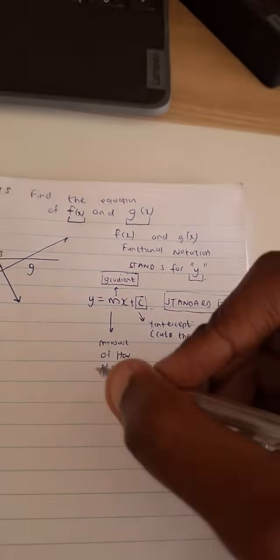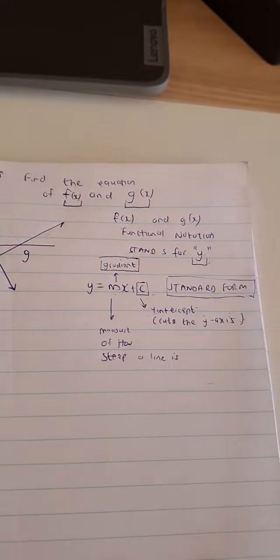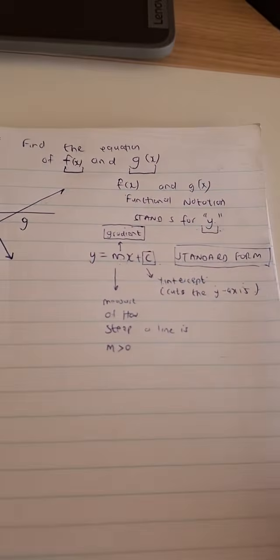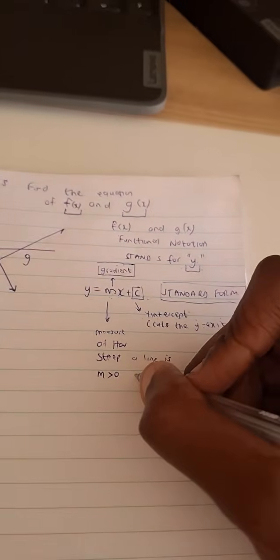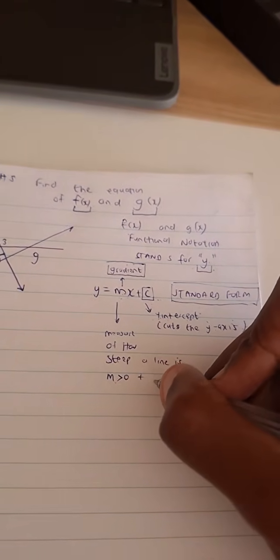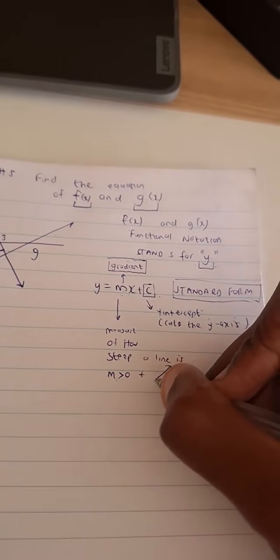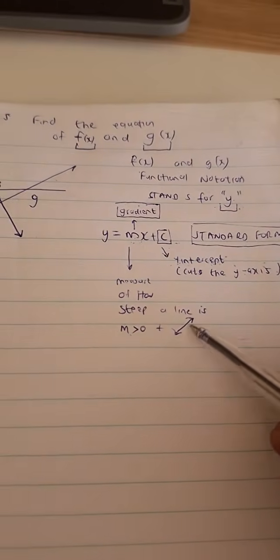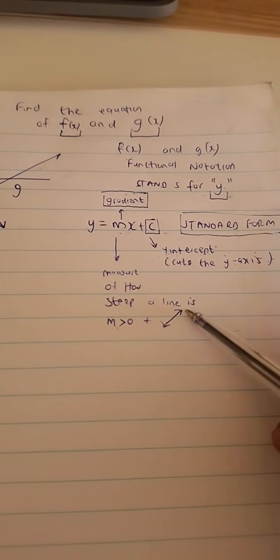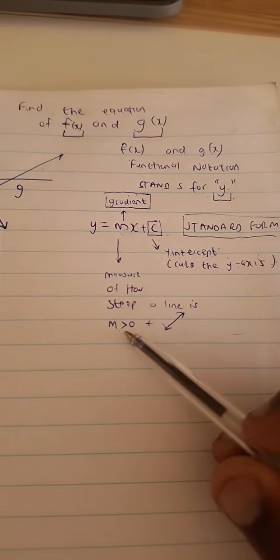And our gradient can either be positive, which means when the gradient is greater than 0, then our straight line graph will be increasing. It will slope upwards, if m is positive or greater than 0.